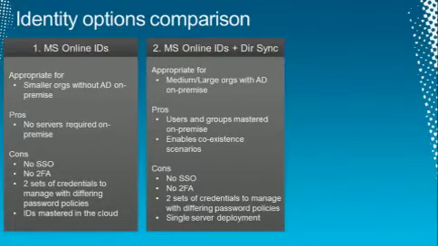Again, no SSO, no strong auth options, still falling back to the online IDs that don't support that. And potentially two sets of credentials, it's like 1.5, if you will: two passwords, though the username should be the same. There's a single server required for this, the directory sync server on-premise, and it need not necessarily be highly available. If it fails, it just means the GAL gets out of sync.